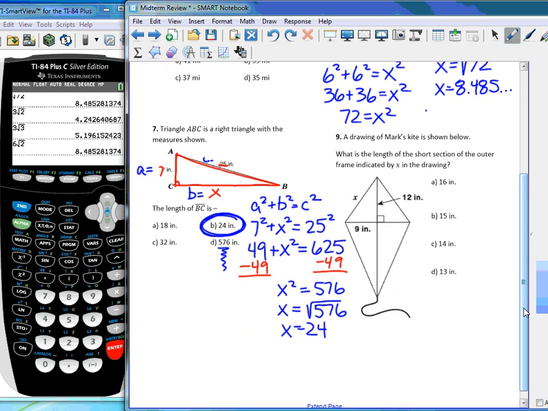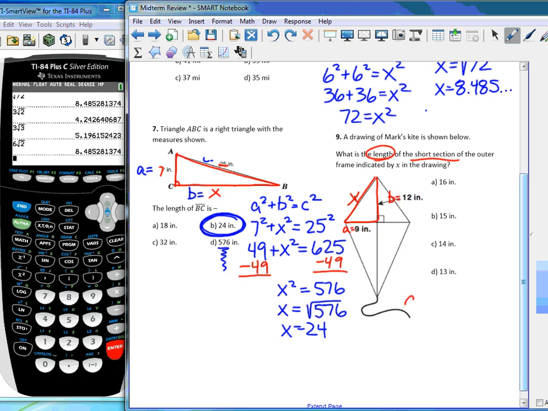Kites. A drawing of Mark's kite is shown below. What is the length of the short section of the outer frame indicated by the X in the drawing? Well, we have a right triangle here, and we have a 9, and we have a 12. This is Pythagorean theorem again.